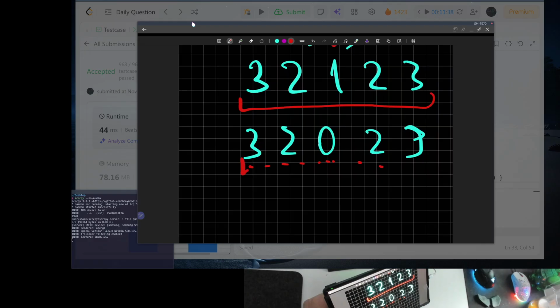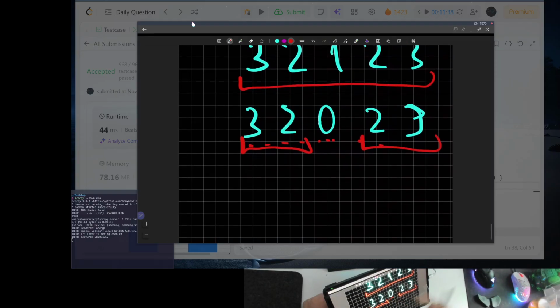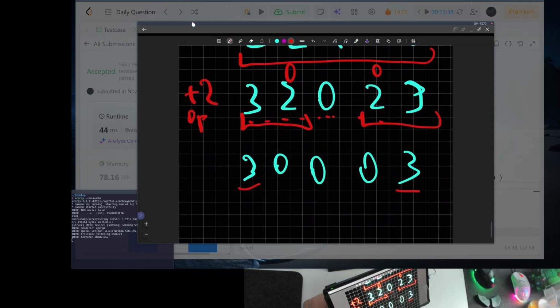So I have to choose this prefix and this suffix instead. I can't do any better, so I do this operation and this operation, two separate operations. Then I have this situation with just number 3s, and again I have to choose them separately, plus 2 operations.